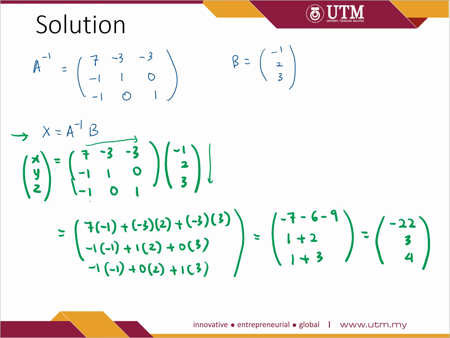So we can conclude that the value of x is equal to -22, y is equal to 3, and z is equal to 4. Now we have solved the system of linear equations.